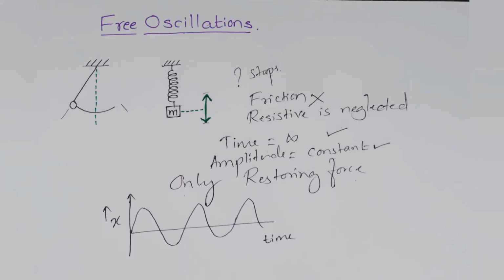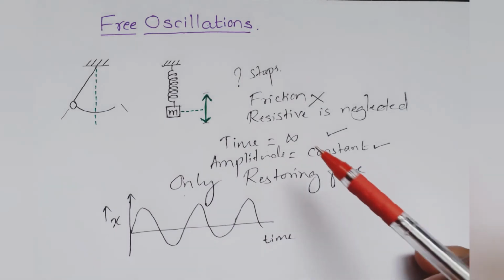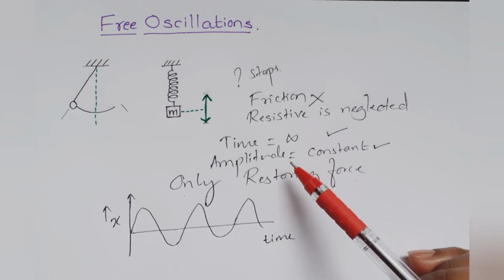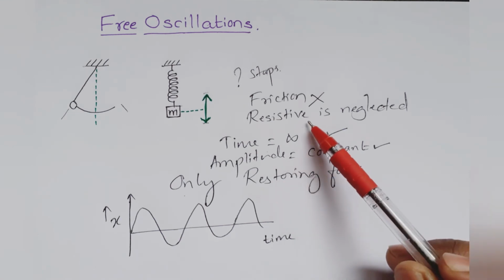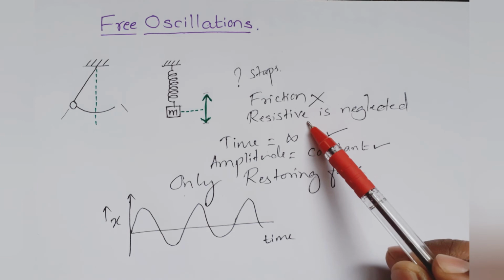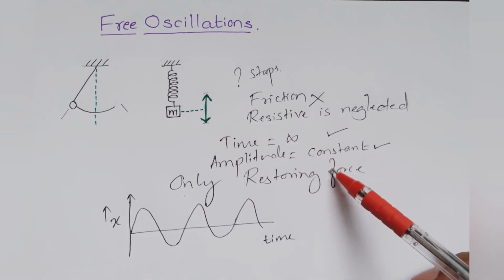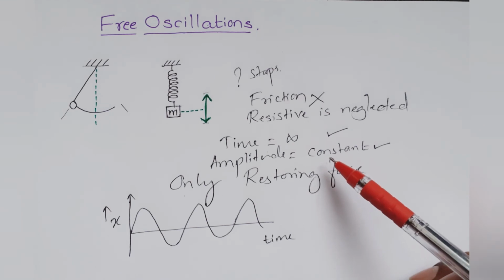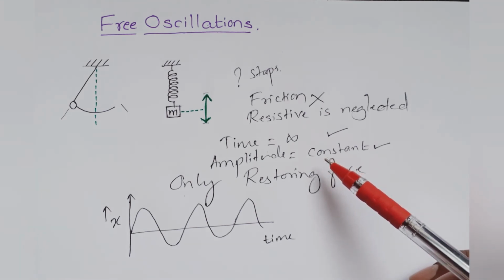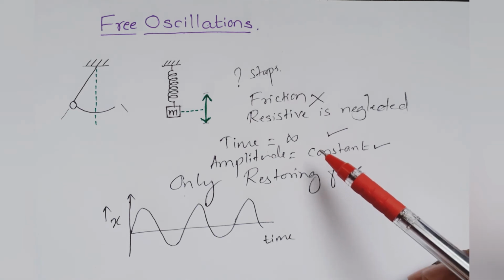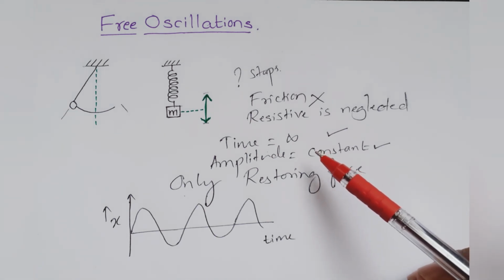Now, what are the examples of free oscillations? Here in free oscillation, we have assumed that friction is not there. We have neglected the resistive force, so that it will oscillate forever for infinite time. But in nature, there are no examples which run forever with an infinite time of oscillation.